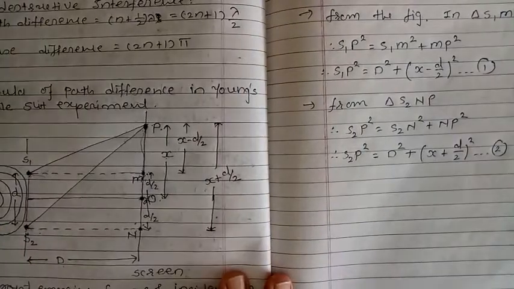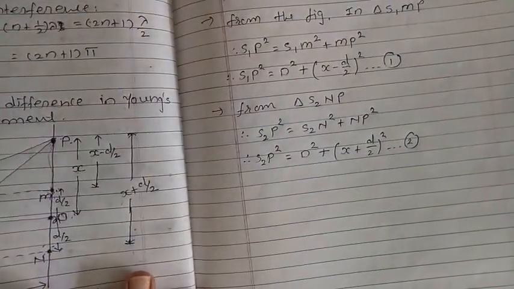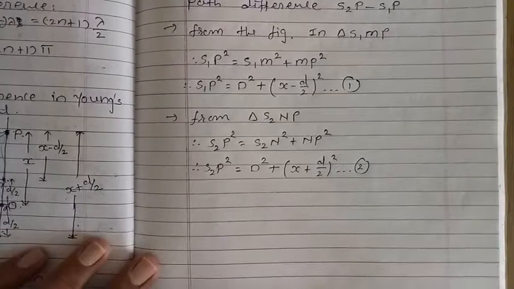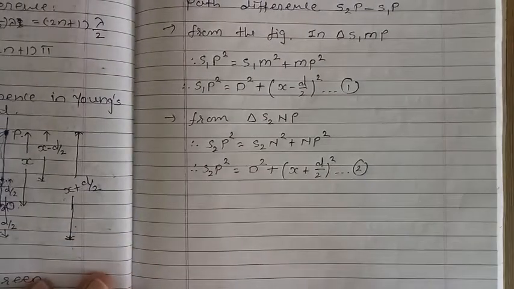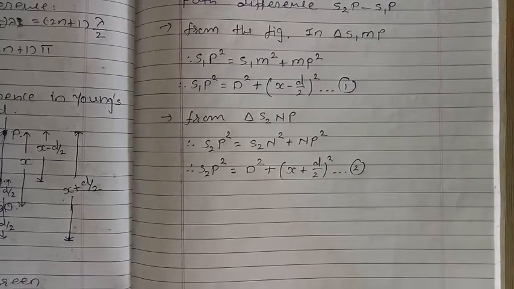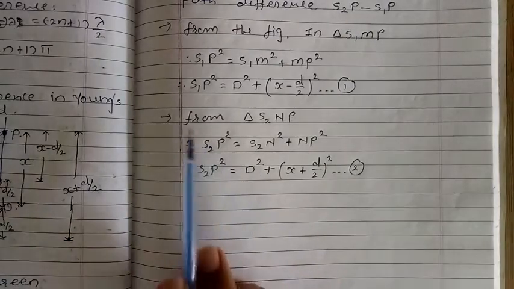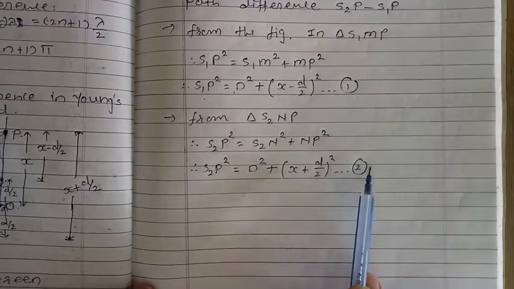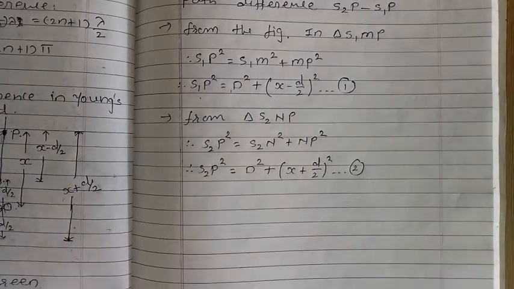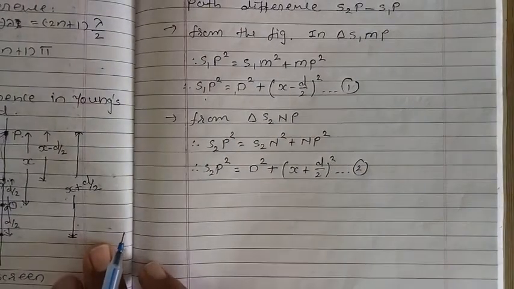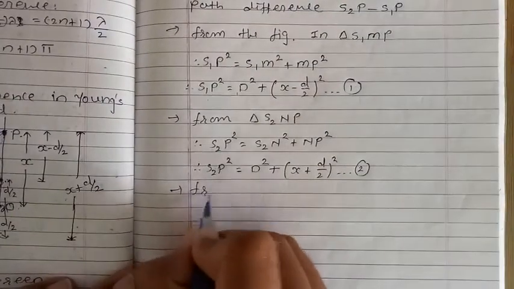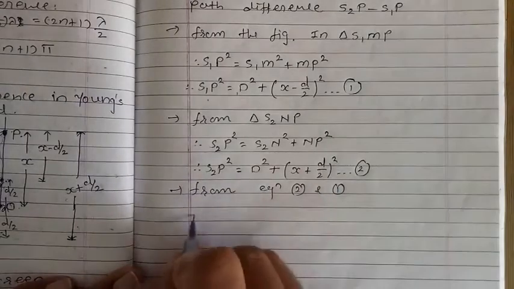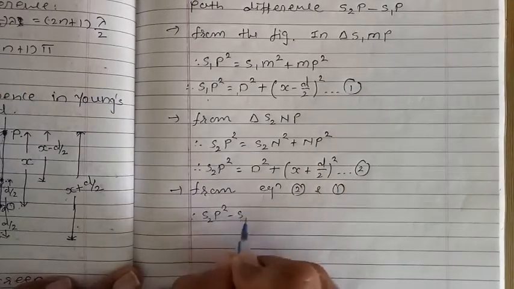Now we have to find the path difference S2P minus S1P. We know the values of S1P square and S2P square, so we subtract equation number 1 from equation number 2. From equations 2 and 1 we get S2P square minus S1P square.